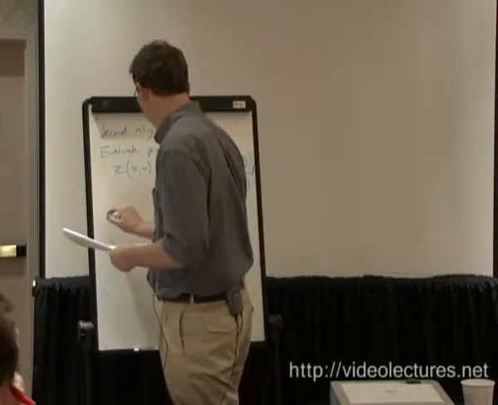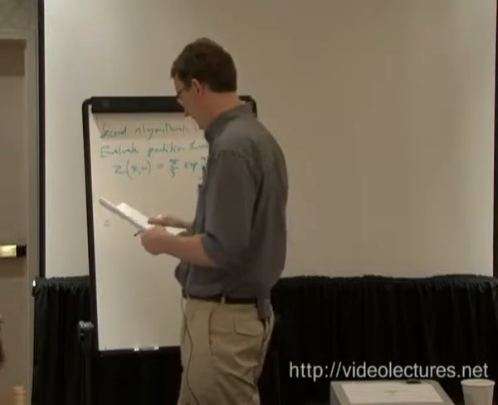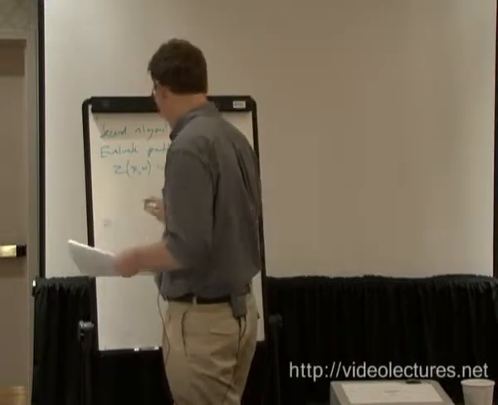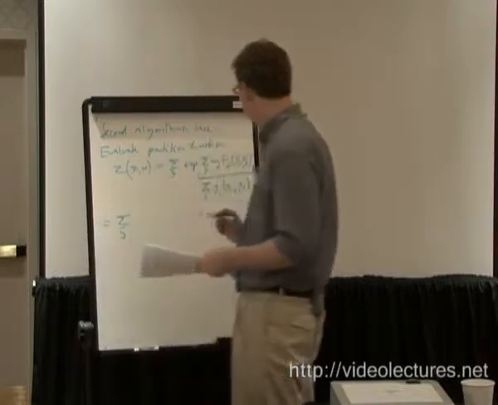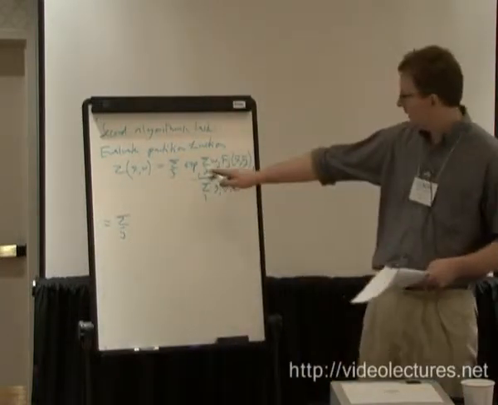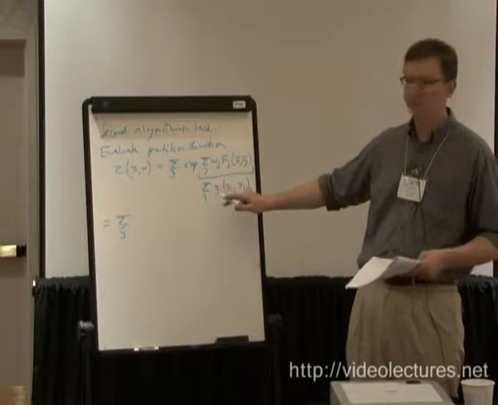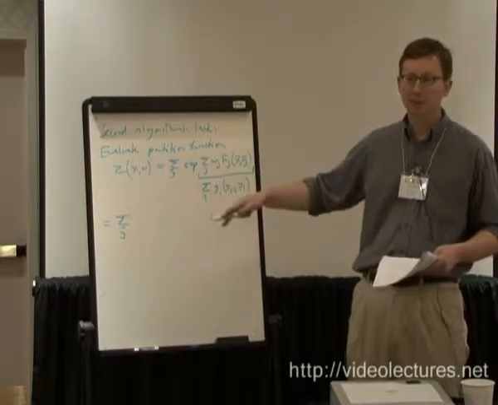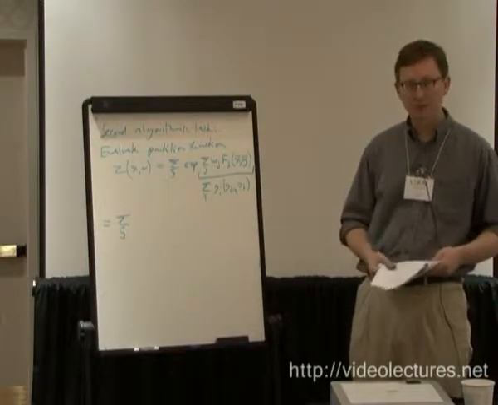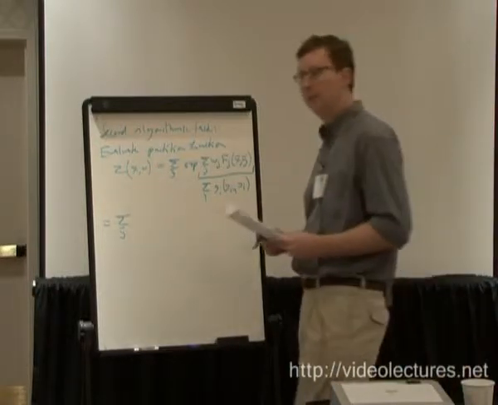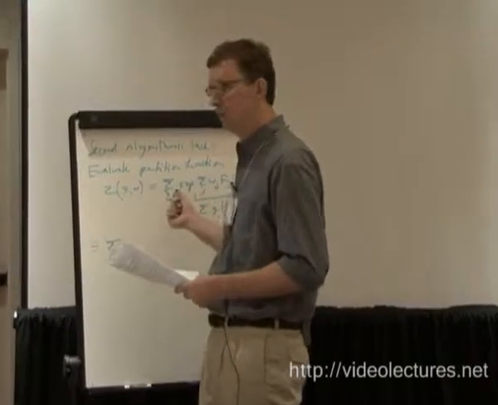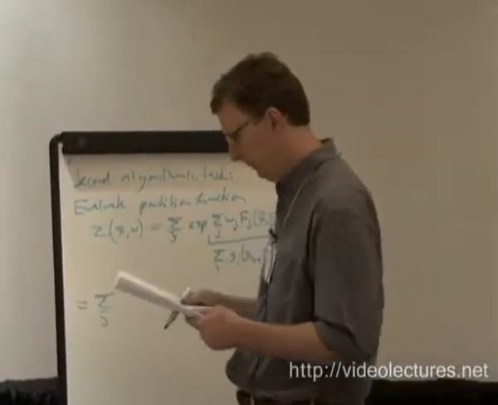So this whole thing is the sum over y bar, and now here this is an exponential of a sum. So the exponential of a sum is the product of the exponentials, if I move the exponential inside the sum.